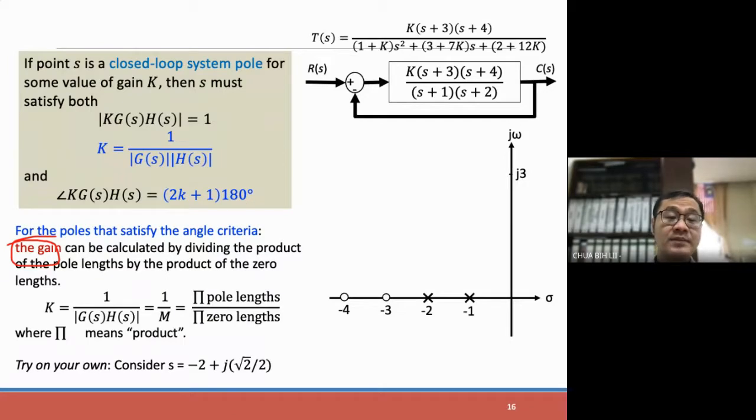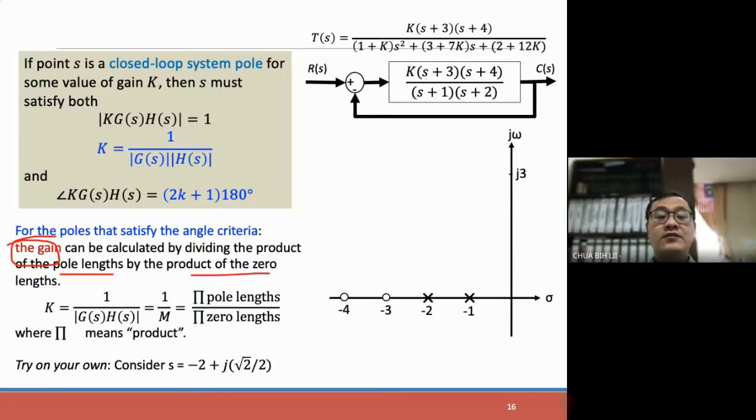So how we can obtain it graphically is that the gain can be calculated by dividing the product of the pole lengths by the product of the zero lengths. Product means multiplications, all right.